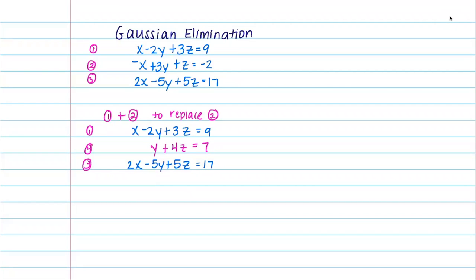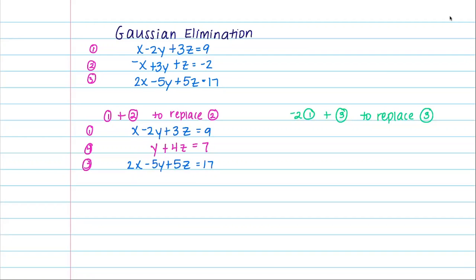So what I notice is that if I'm looking at equation 1 and equation 3, I can eliminate my x's if I just multiply this equation by 2. So in my next step, I'm going to multiply -2 times my first equation, and then add that to my third equation to replace my third equation.